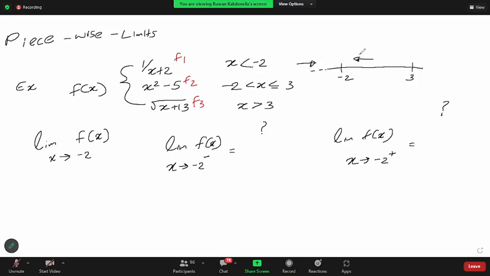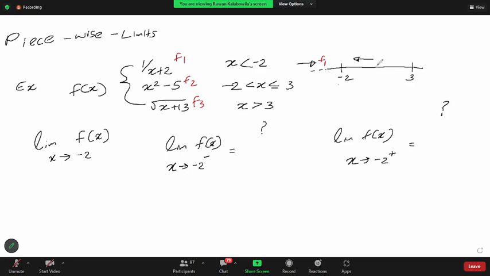I'm coming from the left end, F1. Yes, that means I am below negative 2, right? So in that context, we have to consider f1.